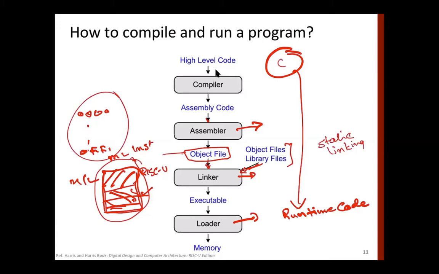Now this whole thing is to be loaded, because the memory of the machine on which this is going to run might be containing something, some other program may be running. So it means that your 0000 in your address space has to be mapped to some memory space that's available.